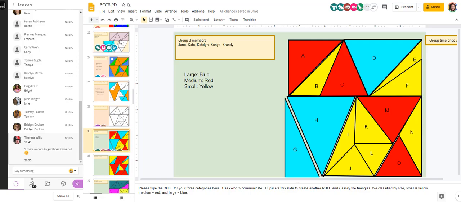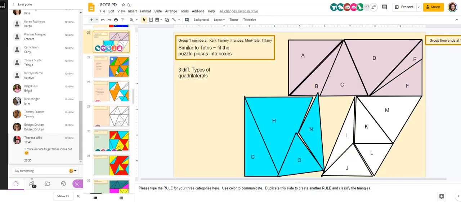If you have an idea of why these share a similar strategy, go ahead and type that in the chat box or turn on your microphone and let us know how size might be useful in these Tetris pieces.